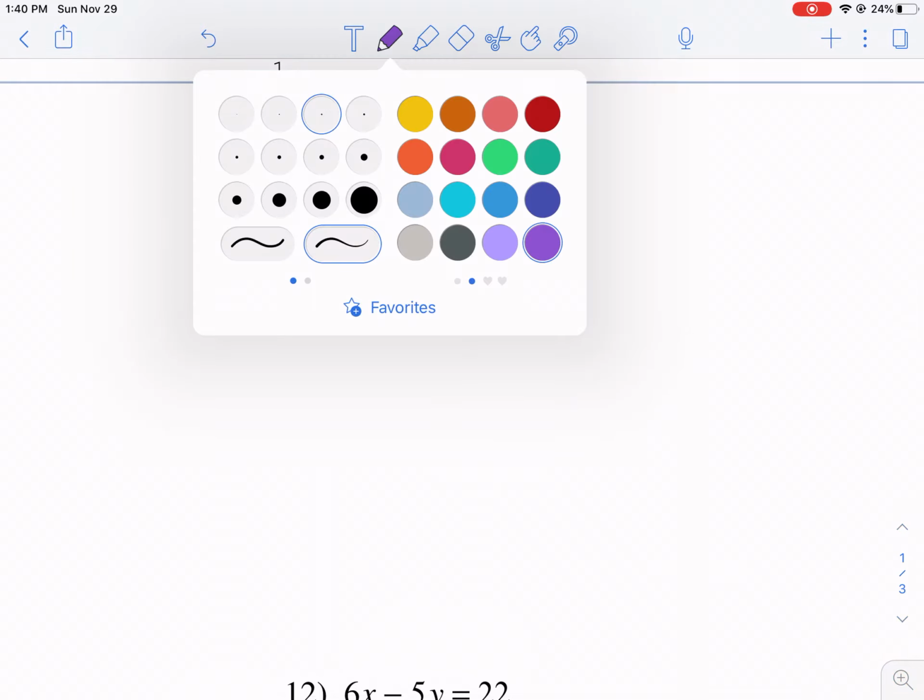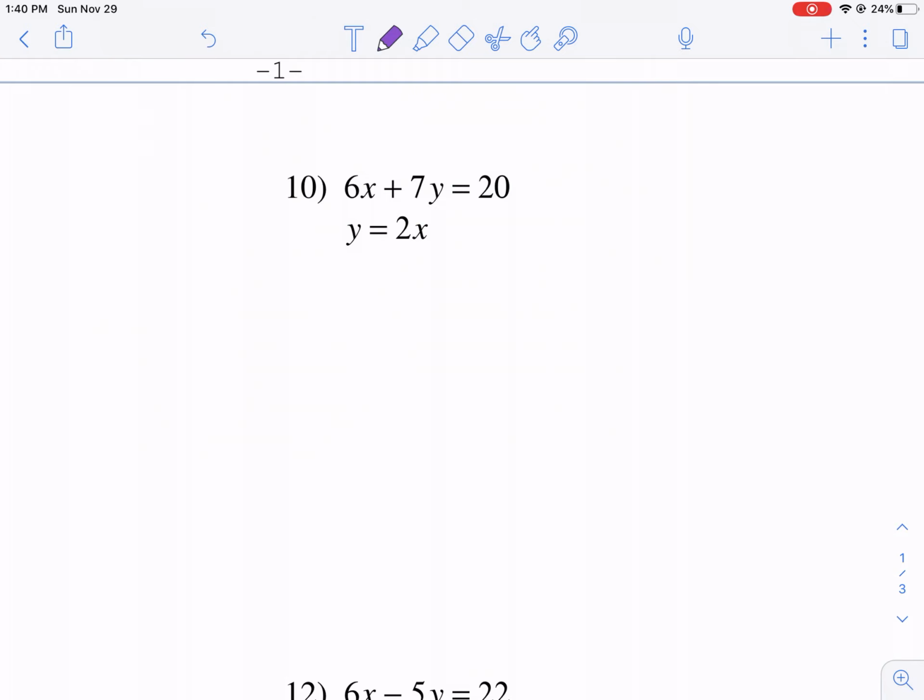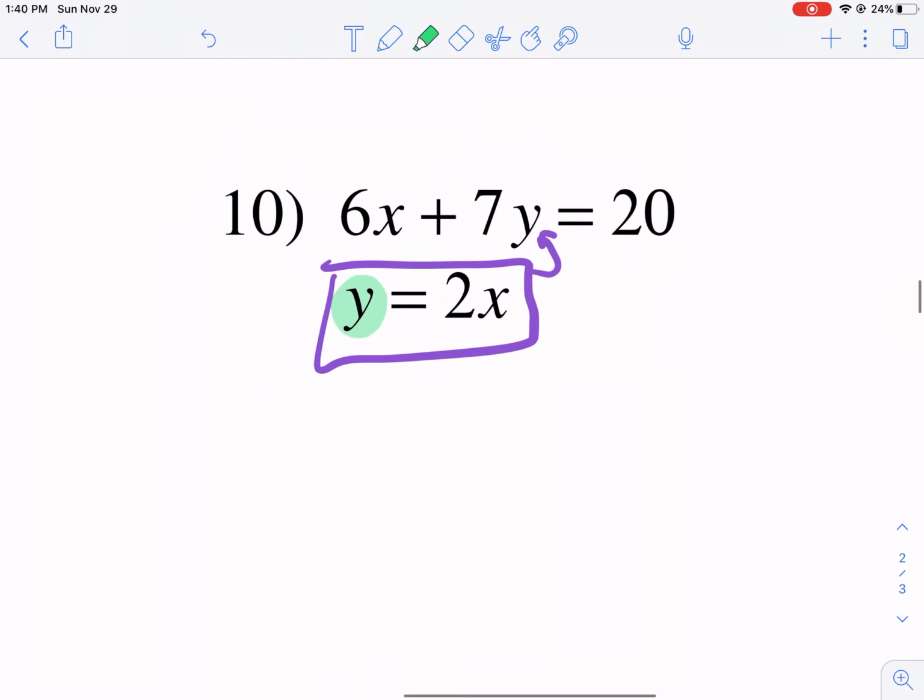Now, how do you know what to substitute? Like, how do I know that I'm going to be substituting this one in for y? Well, you always want to find variables that are by themselves, if possible, or solve for variables to get them by themselves. And that's for another video. That's my other video, that we solve for one of the variables to get them alone first. But since it's already solved by itself, we're going to replace it.